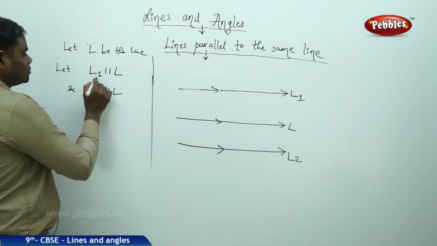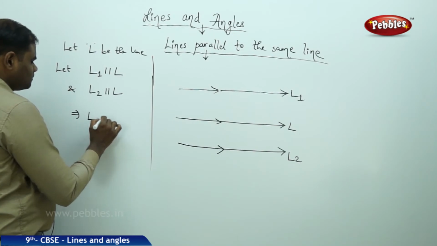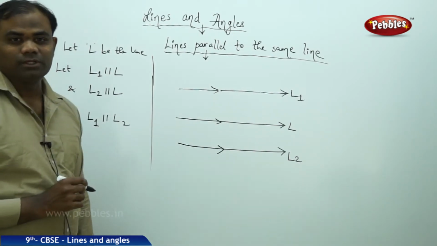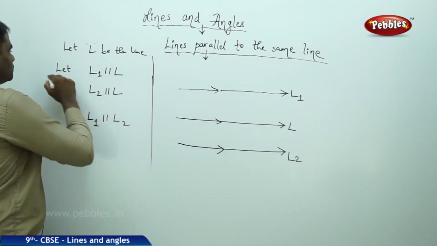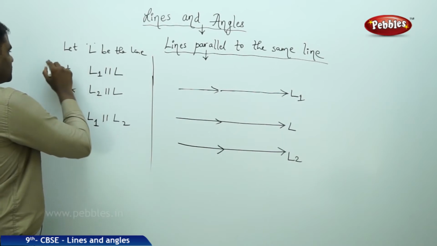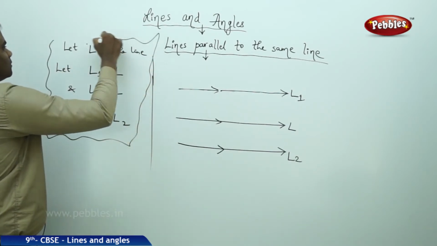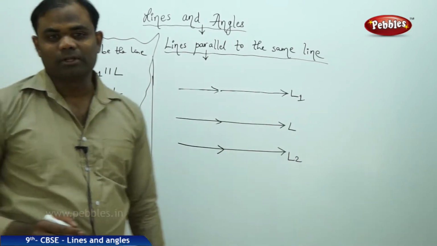Therefore, L1 must be parallel to L2, is how we connect the property related to the parallel lines with the common line L.